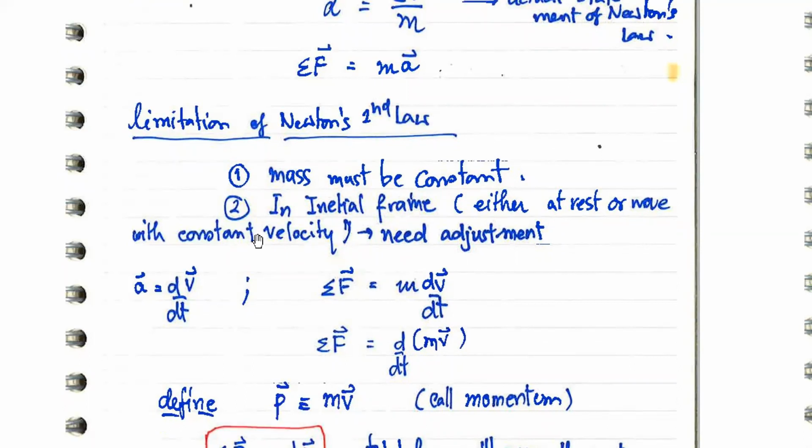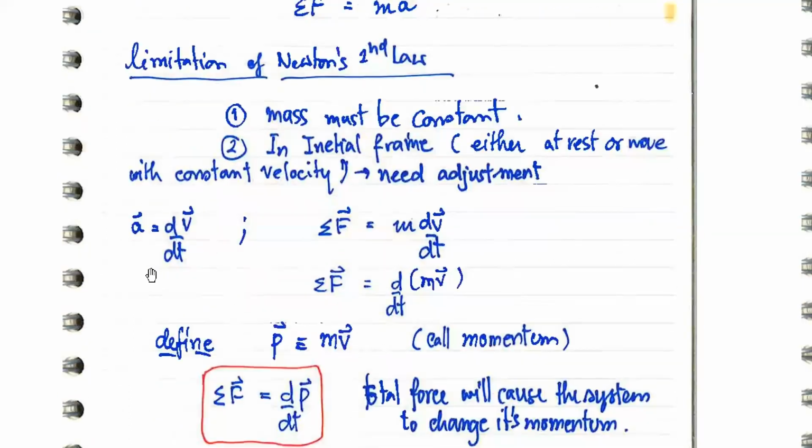Now, the acceleration is, by definition, dv by dt. So you can say that the summation of F is m dv by dt. Now, in this case, if m is constant, you can pull it into the derivative.